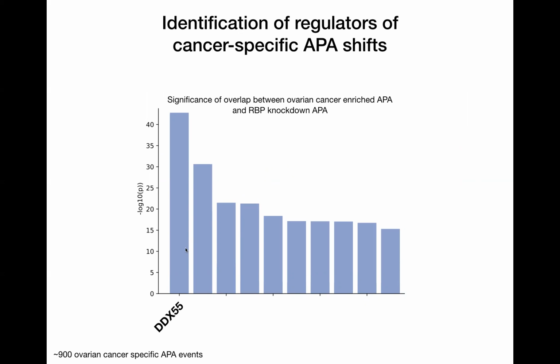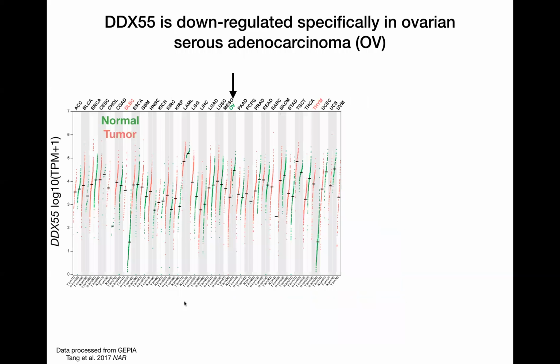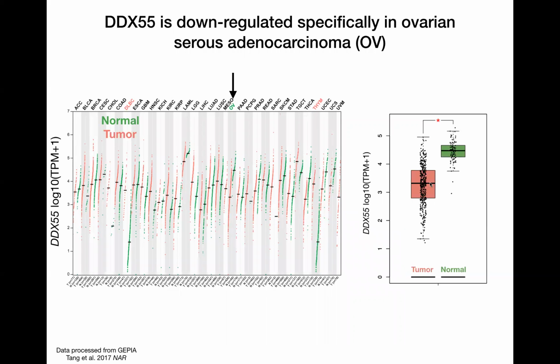So we identified events that were specifically dysregulated in ovarian cancer, and many of those targets are DDX55 targets. And if we look at DDX55 transcript expression in the ovarian cancer samples, we see that tumors show decreased expression of DDX55, consistent with the large amount of dysregulated targets.